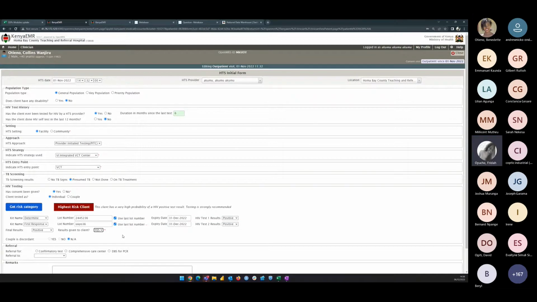Now, assuming after you click on get risk category, whatever you're seeing there as the probability being projected, the client is a low risk client, then this is supposed to also help guide you, as a caregiver, together with the way you'd have assessed the client, whether you think that you should proceed to test the client or whether you think there's no need of proceeding to test the client.